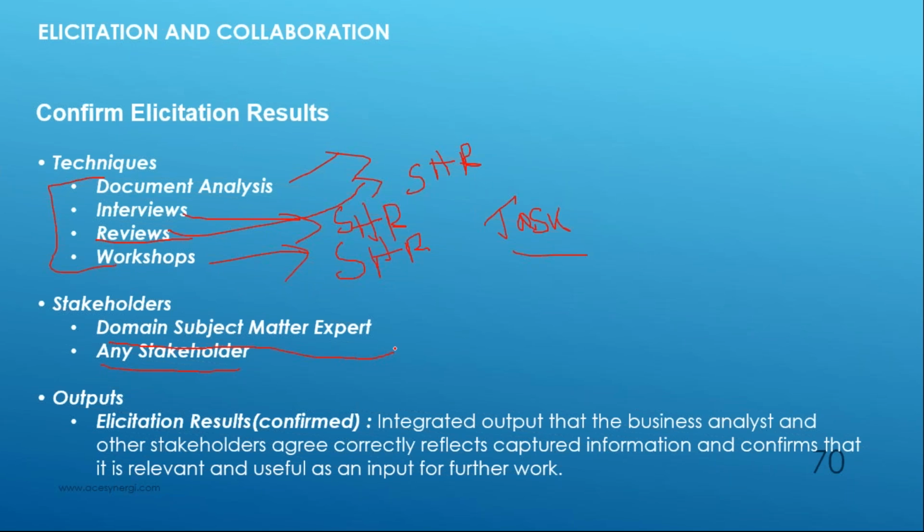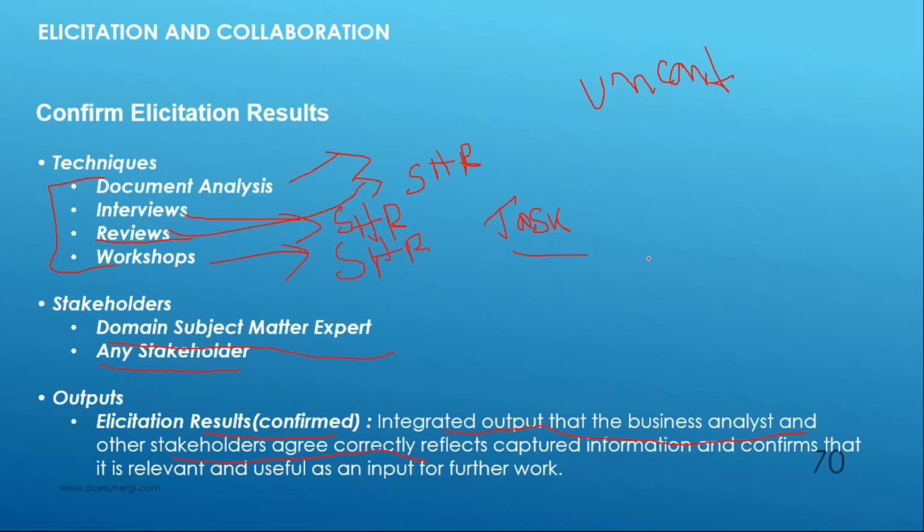Now, finally, the input was unconfirmed elicitation results. The output you need to get while you perform this task is that the elicitation results have to be confirmed. And when you say confirmed, it is an integrated output that the business analyst and other stakeholders agree on correctly, and it reflects the captured information and confirms that it is relevant and useful as an input for further work.